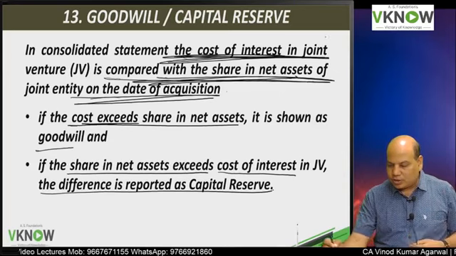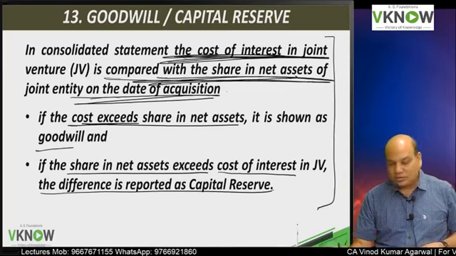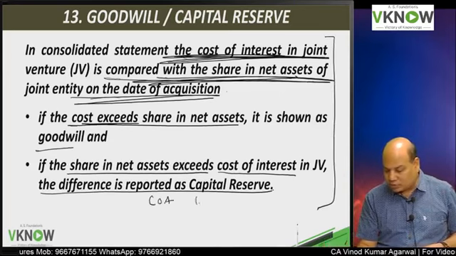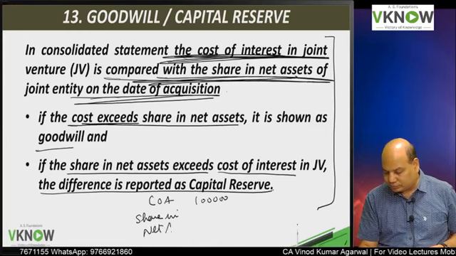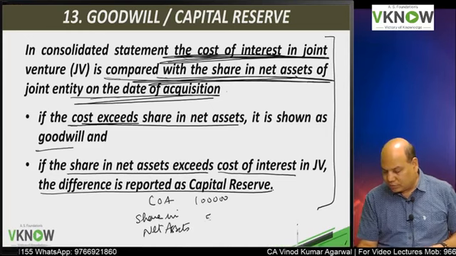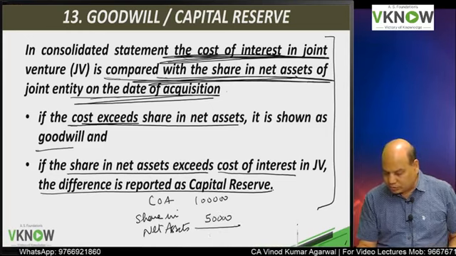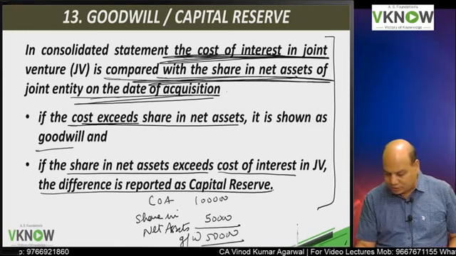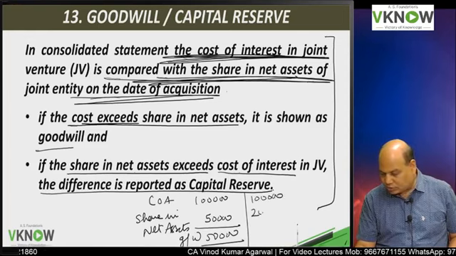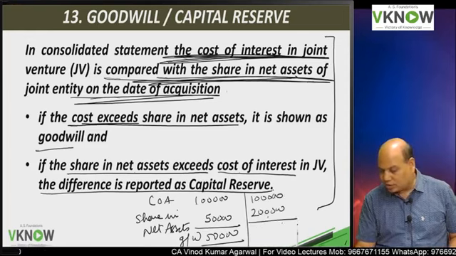Let me take one immediate example here. Cost of acquisition 1 lakh and share in net asset of the joint venture is say 50,000. So this will be goodwill of 50,000. Reverse, the cost is 1 lakh, but the share in net asset you got is 2 lakh.